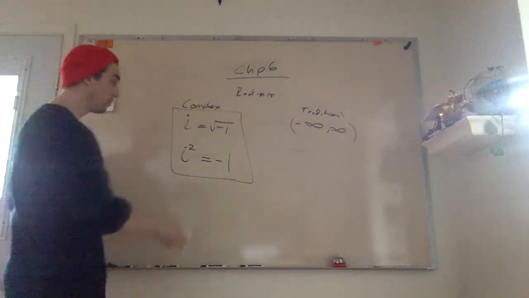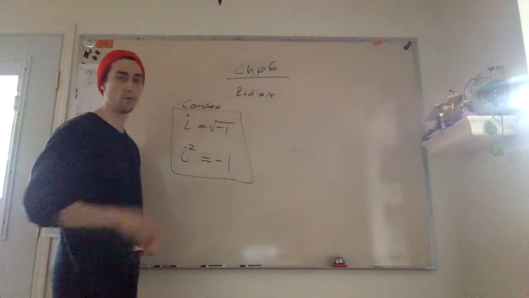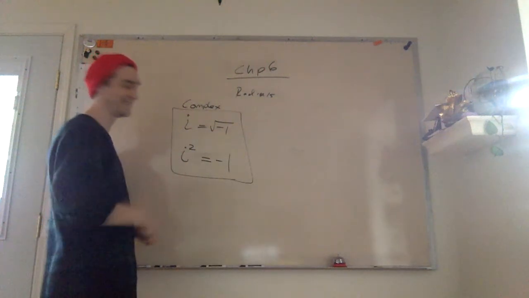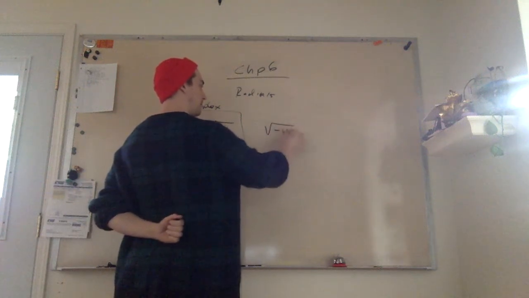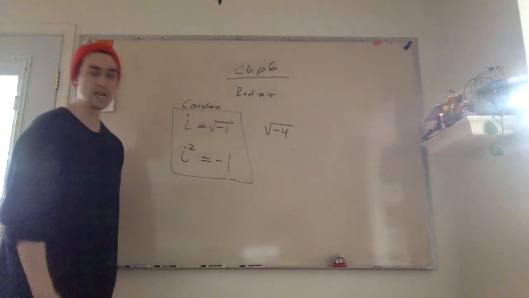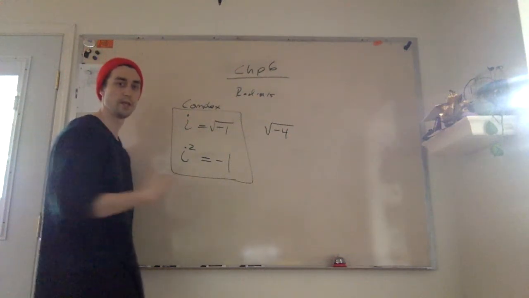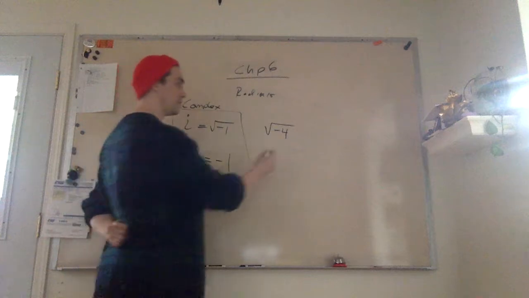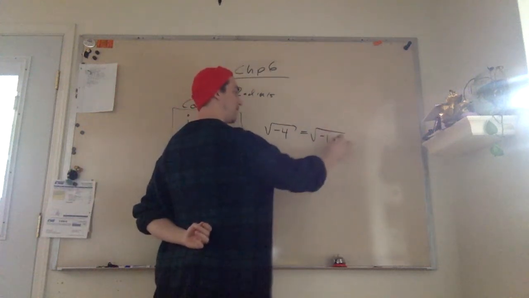Right, so what can you do now? This is the type of thing you can do once you've accepted this. Take the square root of, say, -4. Now this works exactly like it does in Chapter 6 with traditional numbers. Here's how I would simplify this. You can rewrite -4 as -1 times 4.